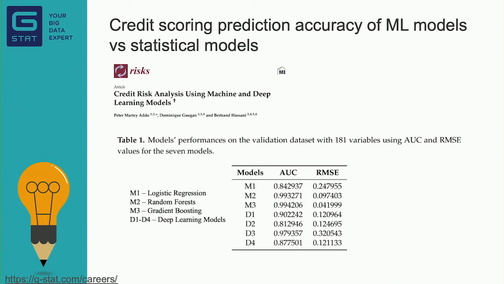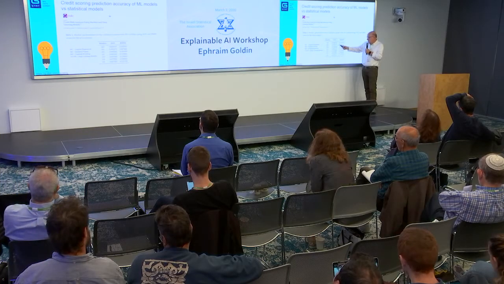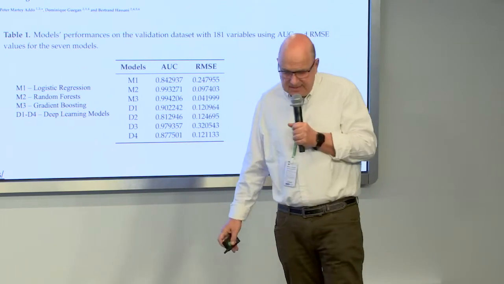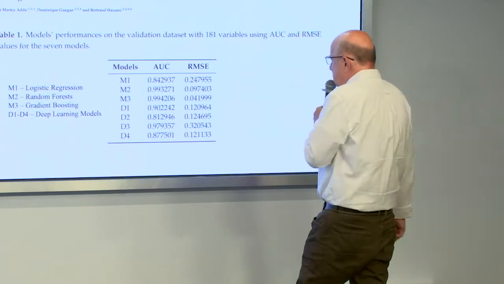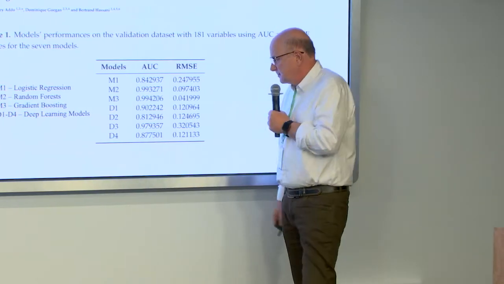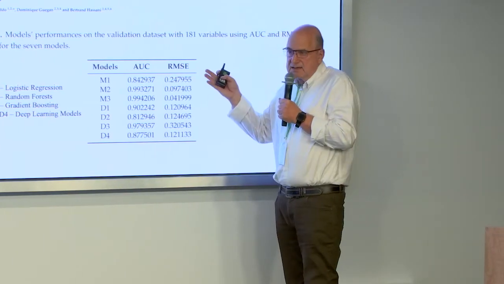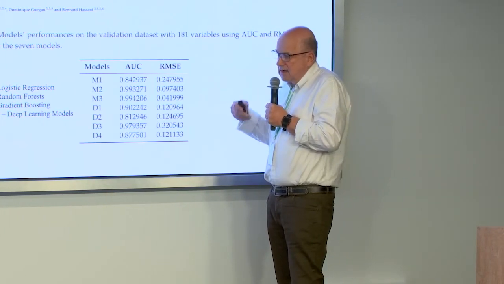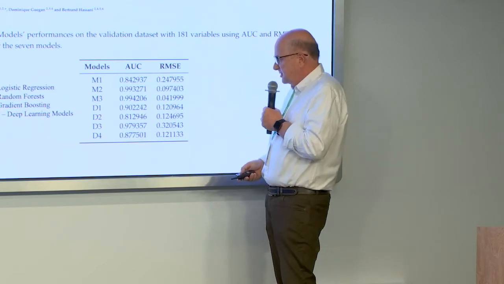For gradient boosting it is 0.99. And then there are the deep learning models, which, as I said, are not performing as well as random forest or boosting. So we see that we have a huge benefit if we use new methods for predicting with big data and large cross-section data.